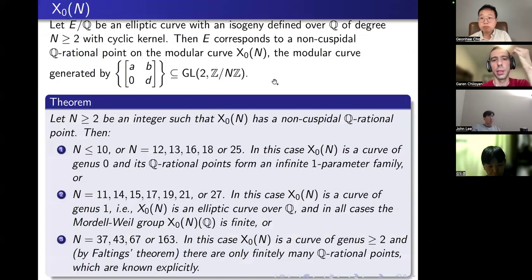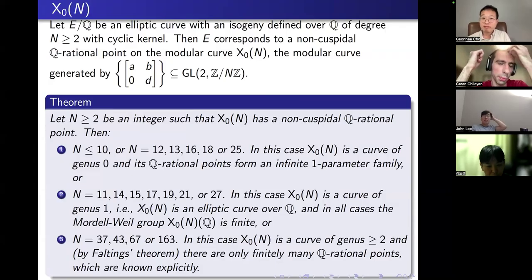All right, so let's talk about this one important object before I tell you really what I'm trying to study. If E is an elliptic curve with an isogeny defined over Q of degree, say, some integer n greater than or equal to 2 with a cyclic kernel, then this topic is going to be very important for your further research.